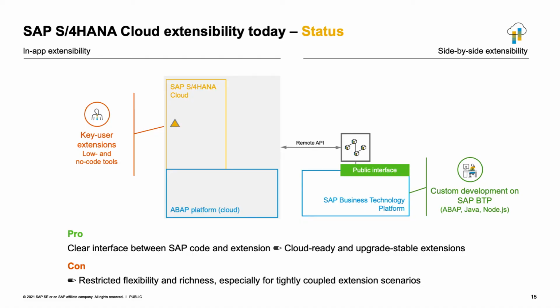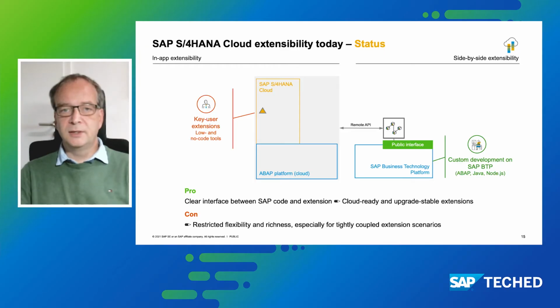On the right-hand side, we do have a platform as a service with all the stacks which are relevant on the market, but it's remotely coupled. So in case you need to be part of the game, you would like to extend within the processes, within the transactions, or you would like to have a full HANA access with the full speed power, it might become complicated. So it will not serve for all use cases where you need a tightly coupling.